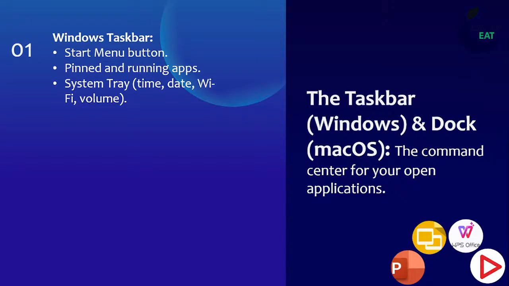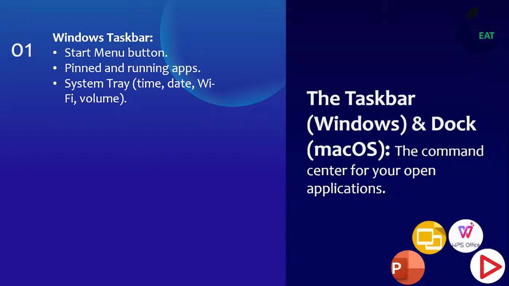Now on Windows, it's called the taskbar. You have the start menu, access to settings, and shut down options. Then we have the pinned programs and favorites, which are always there, and it also highlights the opened applications, which shows you that this app is actively open.